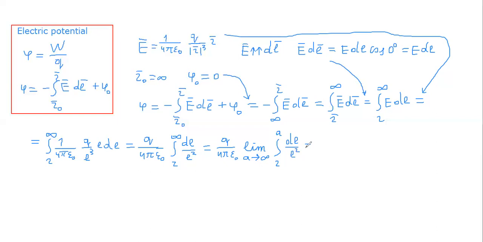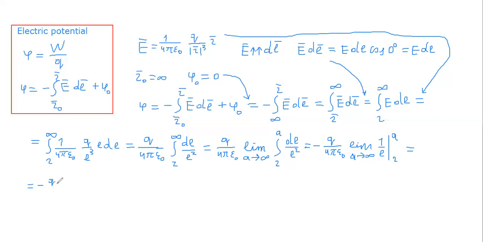And this is equal to minus q divided by 4 pi epsilon 0, limit a tends to infinity, 1 divided by L from R to A. And we can substitute our limits.